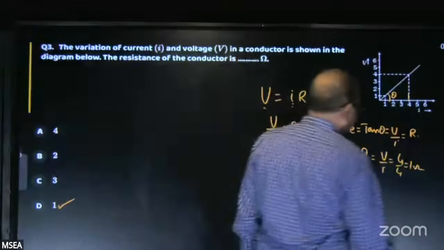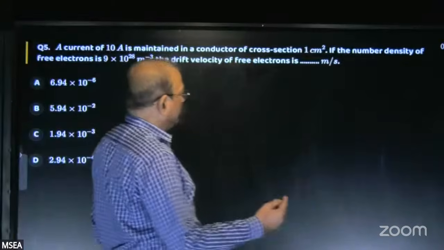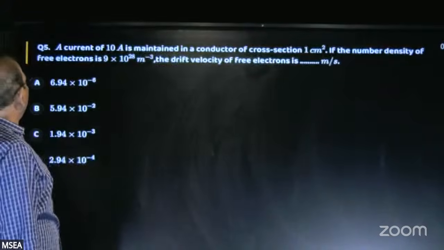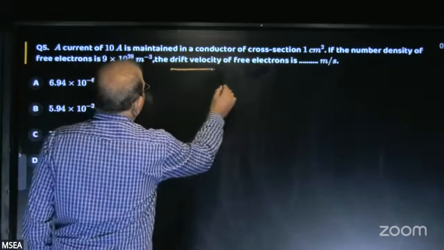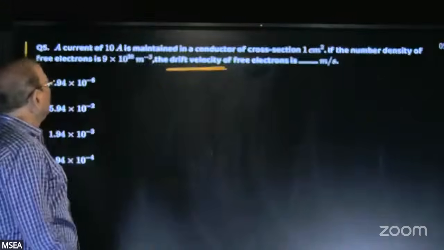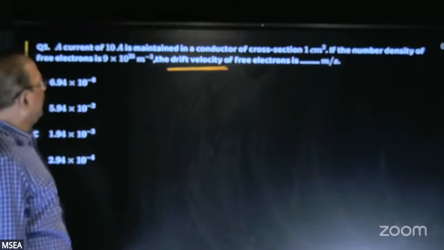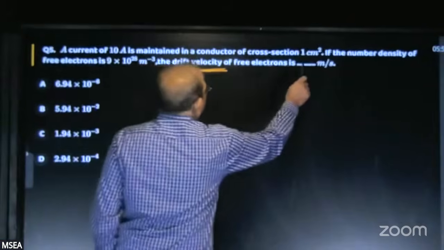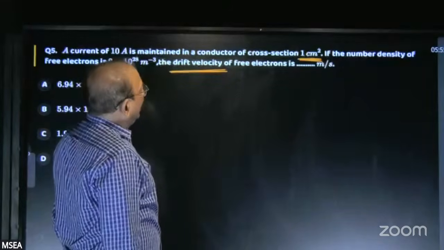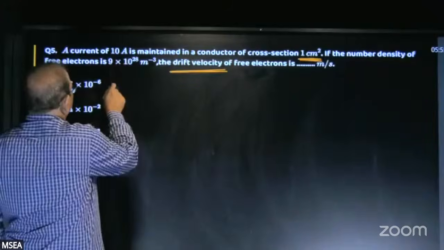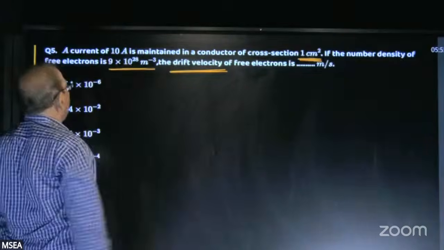Physics, very easy concept. If you are clear with your concept, physics is easy. This is the drift velocity concept. A current of 10 ampere is maintained in a conductor of cross section 1 centimeter square, given, observe it. And the number density of free electrons is 9 into 10 power 28 meter power minus 3.